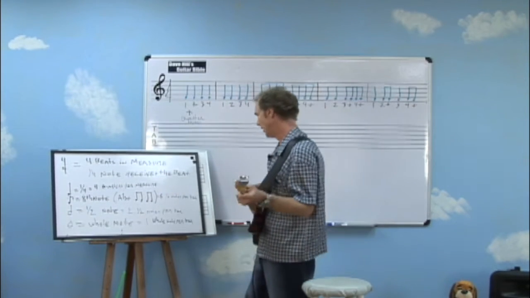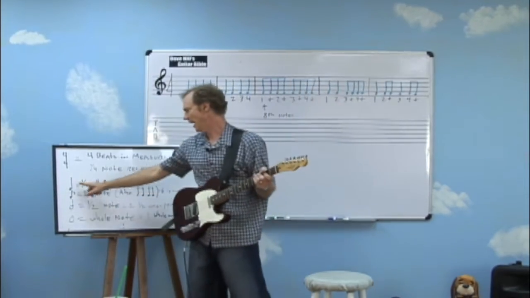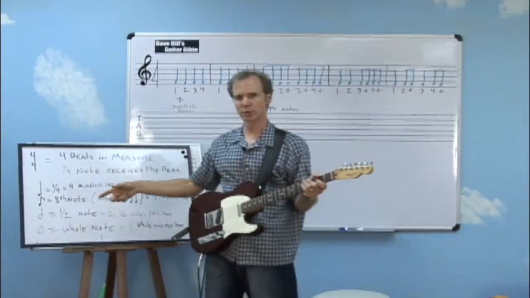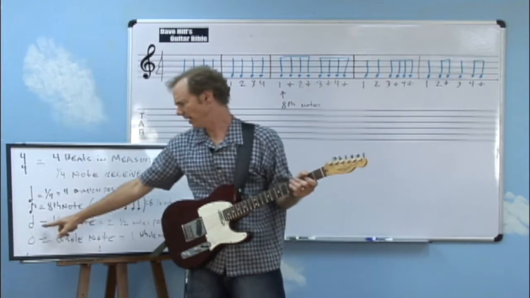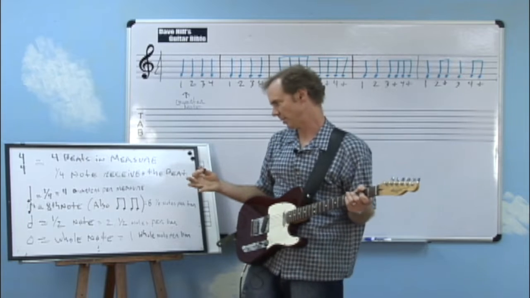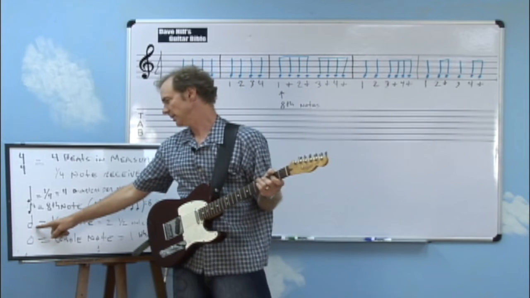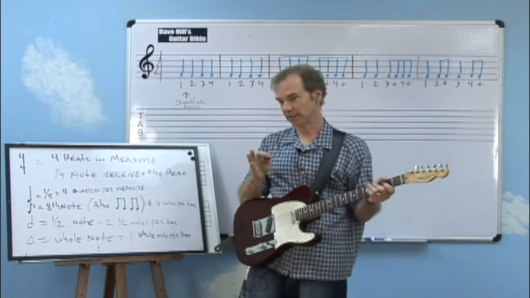Okay? Now, there's also values that are larger than the quarter note and the eighth note. And the next value that's larger is what's called a half note. Okay? Now notice that the half note is an oval with the stem, but the oval's not darkened in.